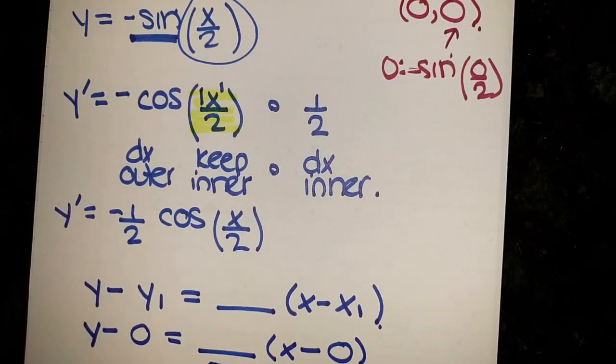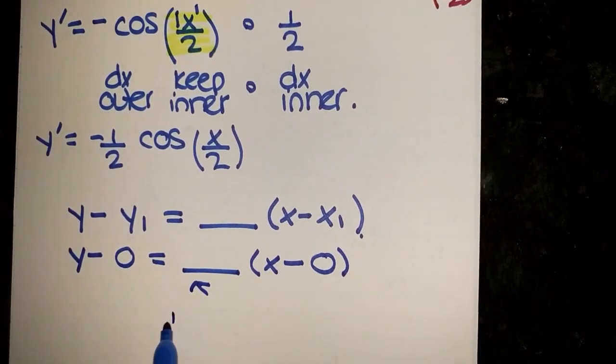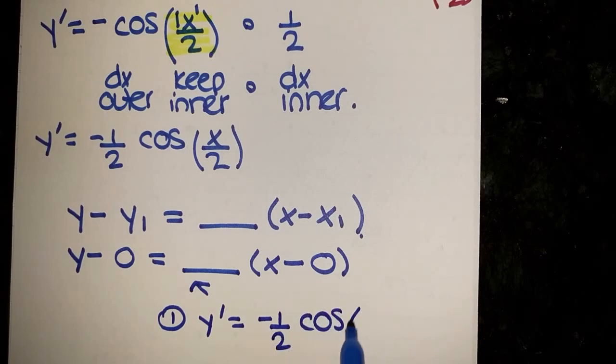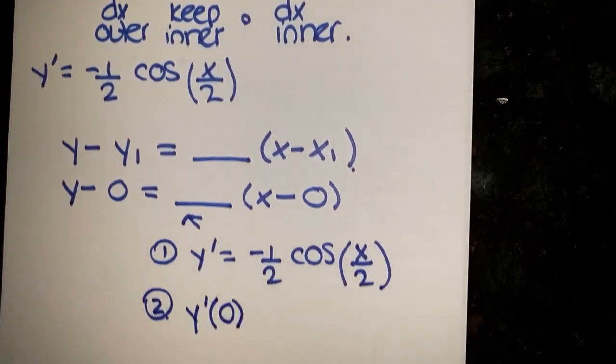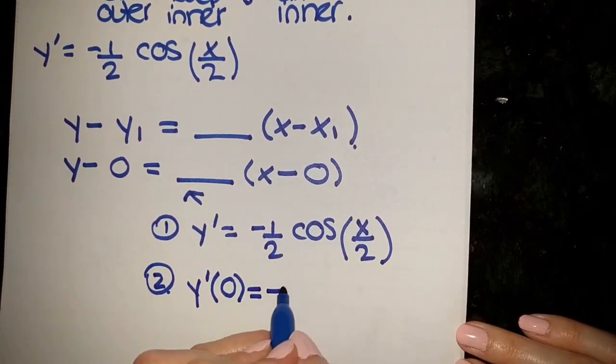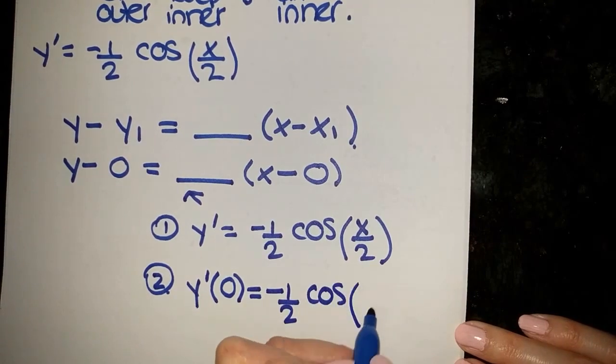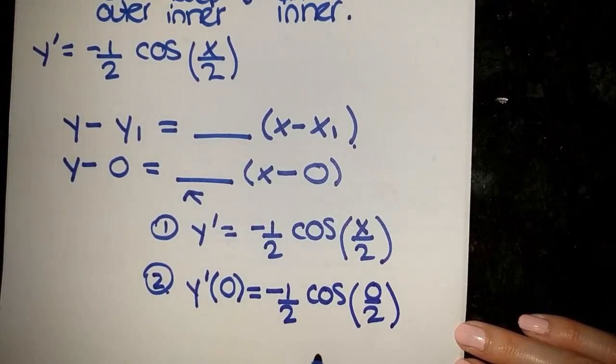Now, to find our m tangent, we take our derivative and we need to plug in the given x value, which is 0. So I have negative 1/2 cosine of 0 over 2, which is just cosine of 0.